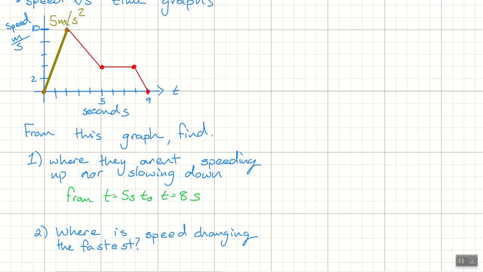Okay, could you find me the slope of this section right here? I go from 10 to where? Try again. 10 to 4, so I fall 6, and I run how many seconds? 3. So -6, because I went downward, over 3 is what? -2.